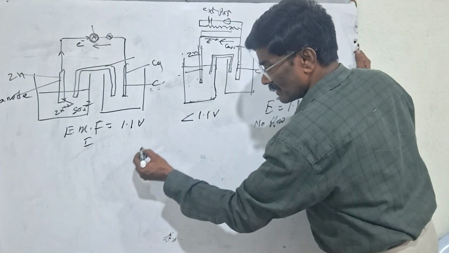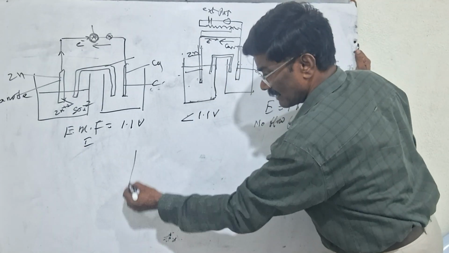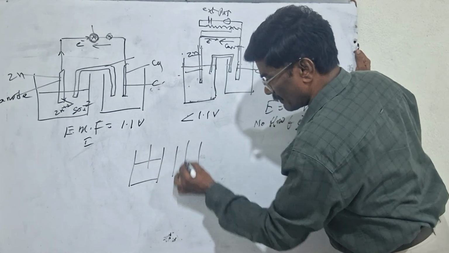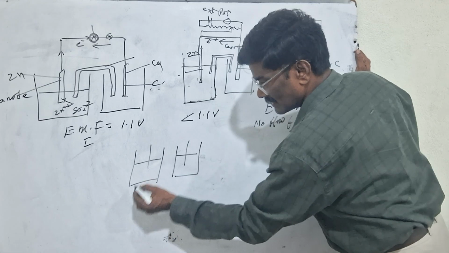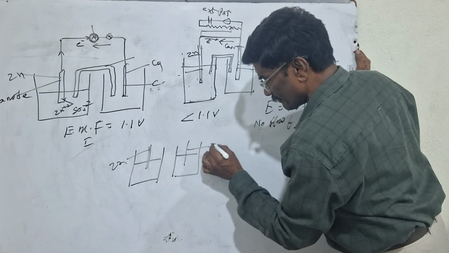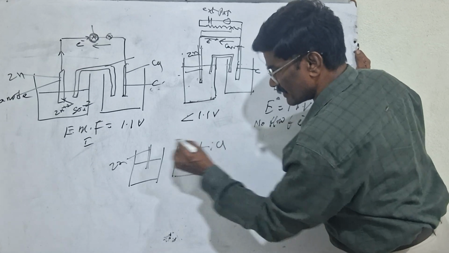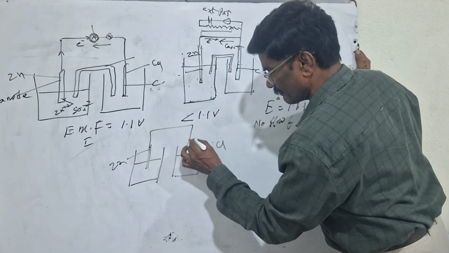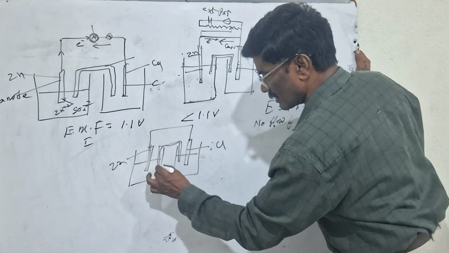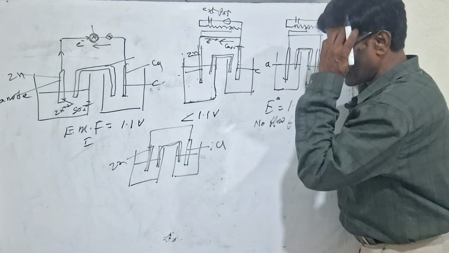Now the last condition. Again draw the same diagram with the two half cells, the zinc half cell and the copper half cell. One is the oxidation half cell, the zinc rod, and this is the copper rod. These are connected externally with copper wire and internally with the salt bridge. Don't forget this point.